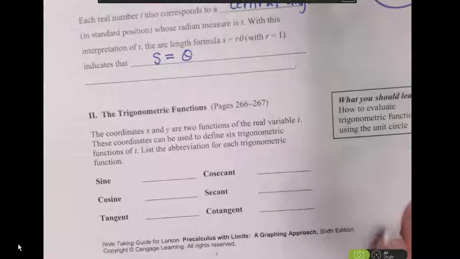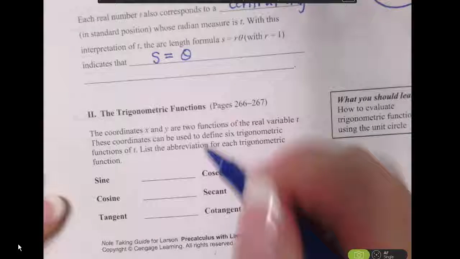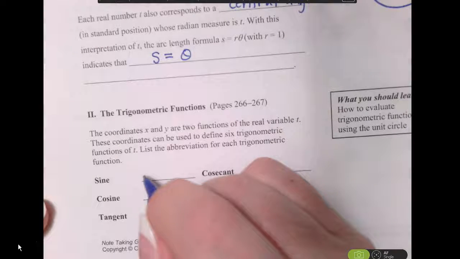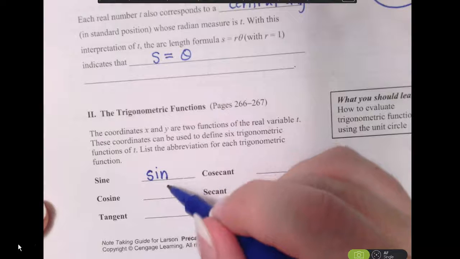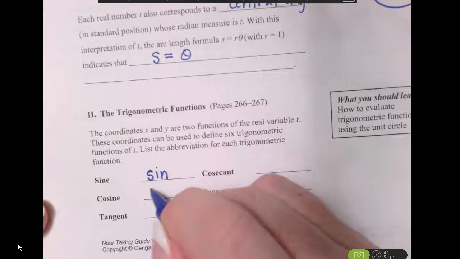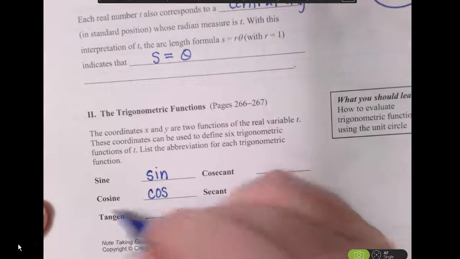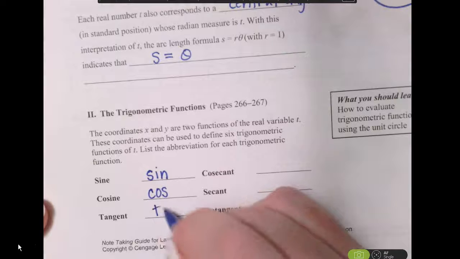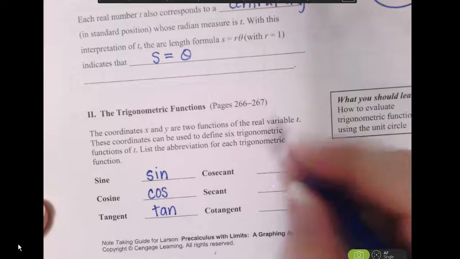We're going to be dealing with the 6 trig functions. Here they're just asking us to list the abbreviation for each trig function. So every time we see sin, we're going to call it sine, because that's what it's short for. When we see cos, we're going to still pronounce it as cosine. So sine, cosine, and tangent are abbreviated as such.